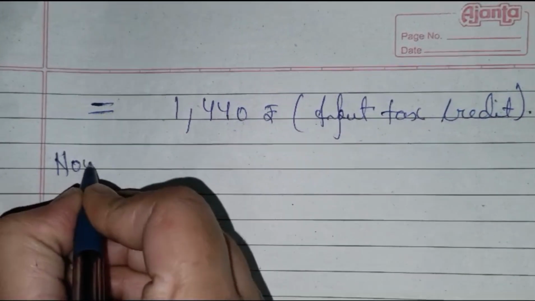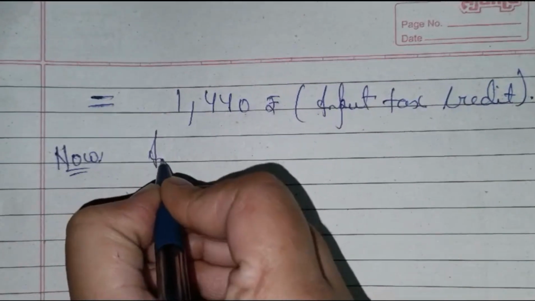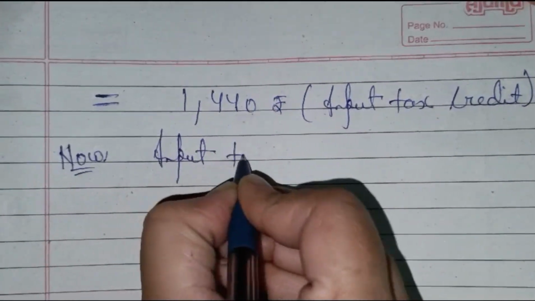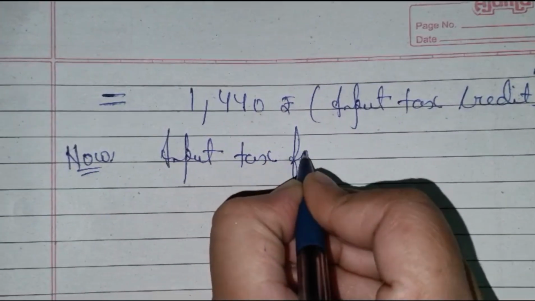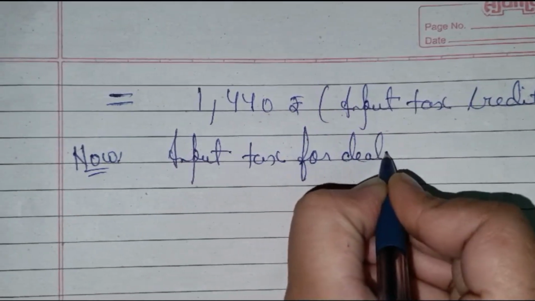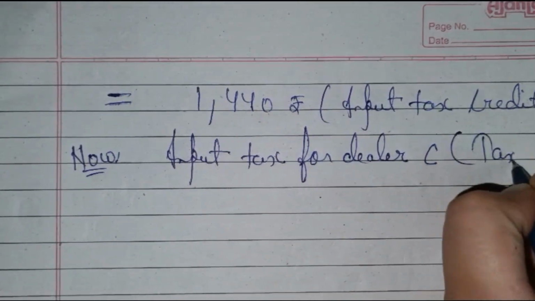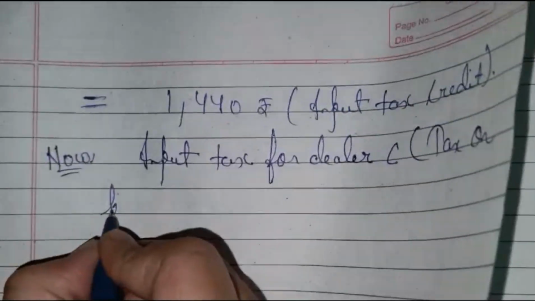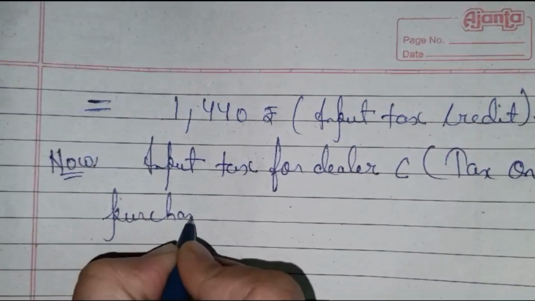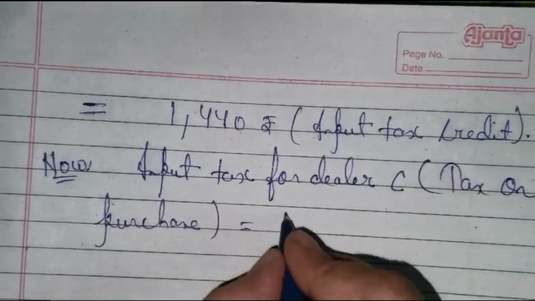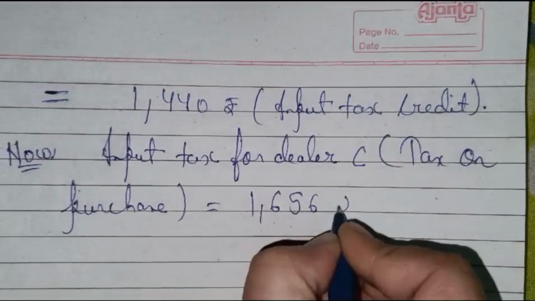Now input tax for dealer C, that is tax on purchase, equal to 1,656 rupees.